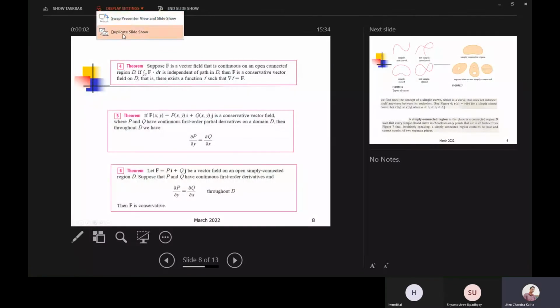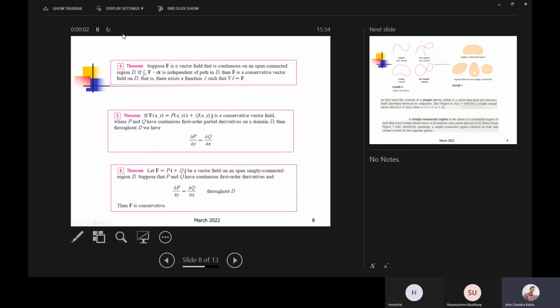If you look at theorem 6 here: let F given by Pi plus Qj be a vector field on an open simply connected region. I have already told you what an open region is. Yesterday I had defined that, although initially I made a mess of it, later on I corrected that.